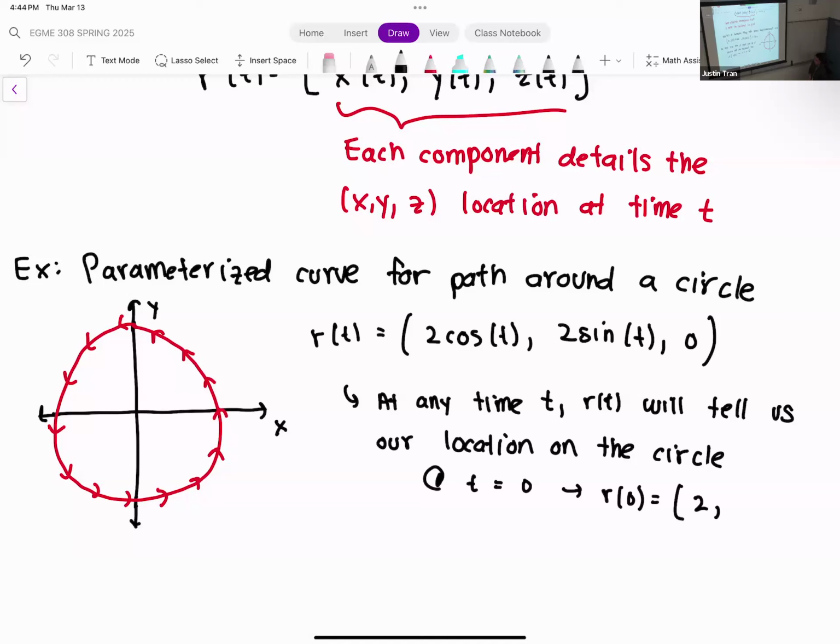Our y component, we have 2 sine of t, so we plug in t equal to 0. Sine of 0 is just 0, so our y component is 0. Our z component is still 0, because 0 at any time is 0. So our physical coordinate at time 0 is going to be 2, 0, 0.